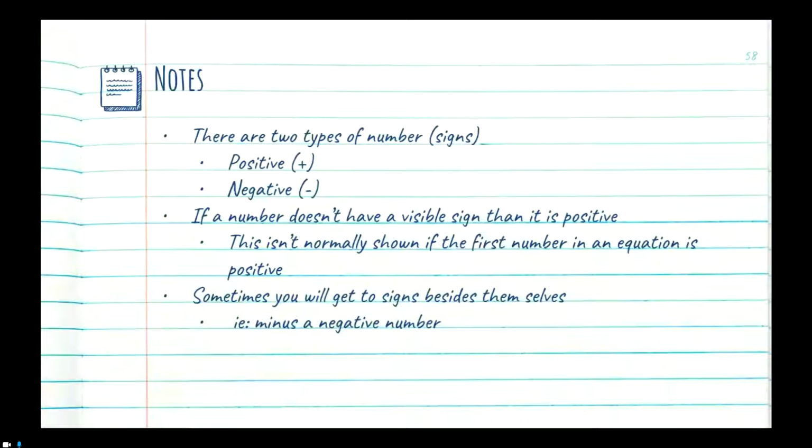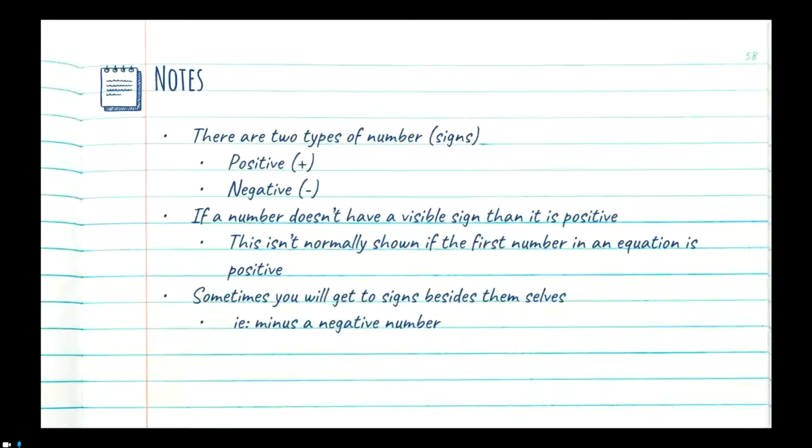When we see an equation with no sign on a number, it's usually because it's the first number, and to keep it clean, we don't want to put the plus sign in front of the number at the beginning of an equation. It makes it cluttered and more difficult to read. So if it's the first number, we drop the plus sign because it's the default, and we automatically assume the number is positive.